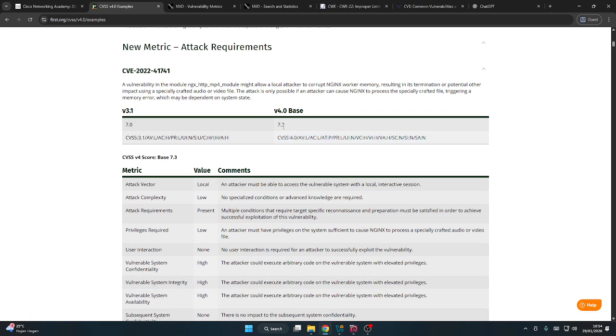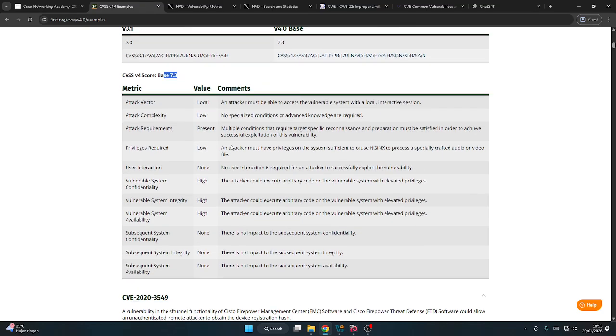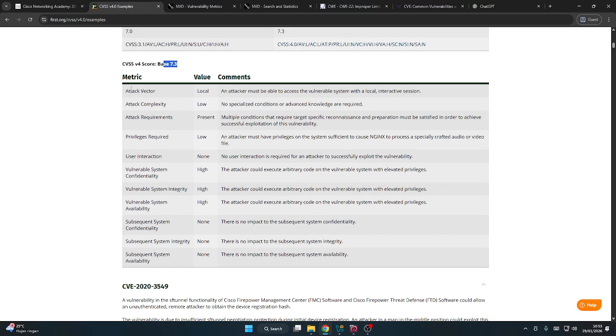There's 7.3 base score. The metrics are attack vector, attack complexity, attack requirements, user interaction, vulnerable system confidentiality, integrity, and availability, and subsequent system confidentiality, integrity, and availability.